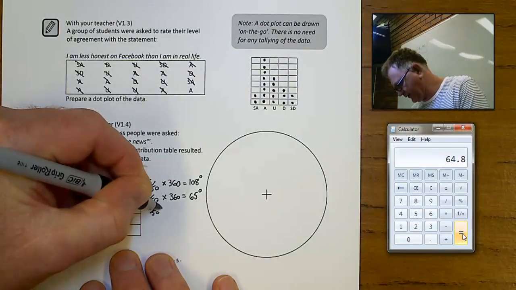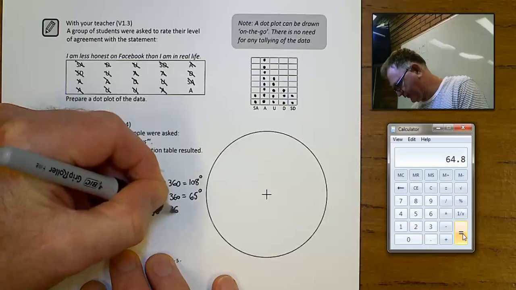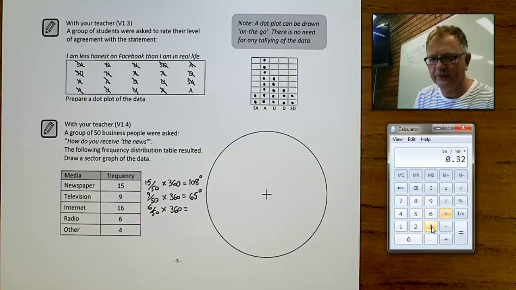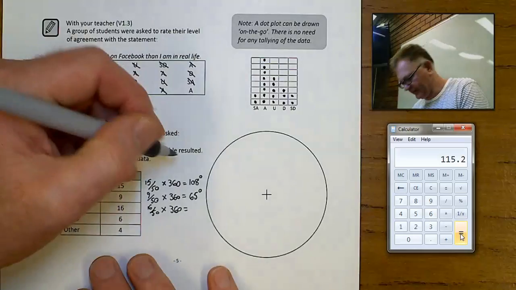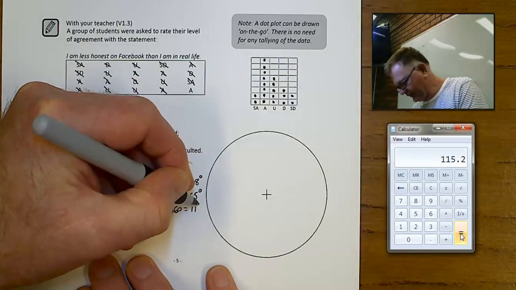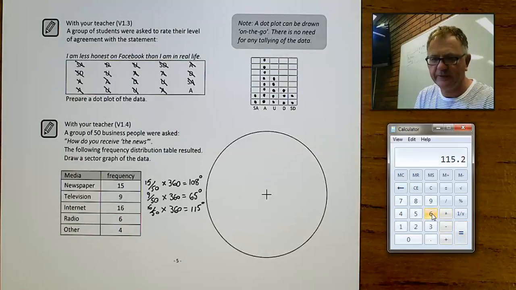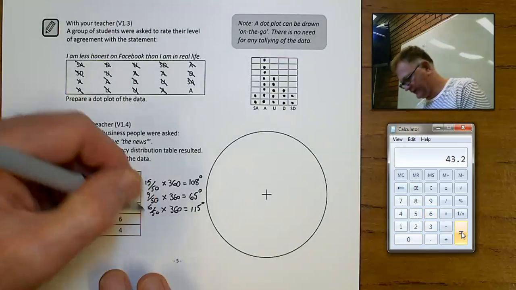The next one is 16 people, 16/50ths of the people. Times it by 360. 16 divided by 50 times 360. It's going to be 115 degrees to the nearest degree. Then 6 divided by 50 times 360 is 43 degrees.